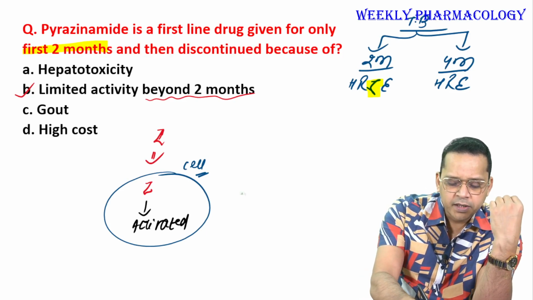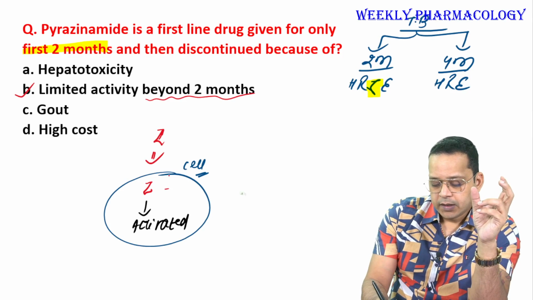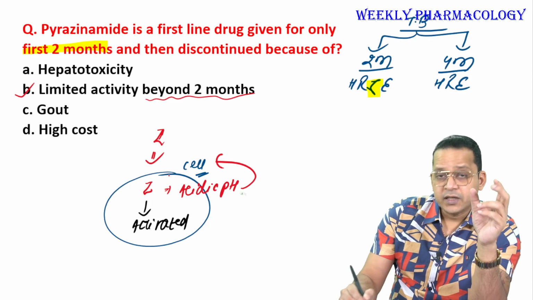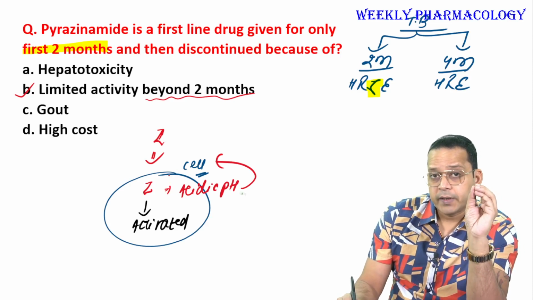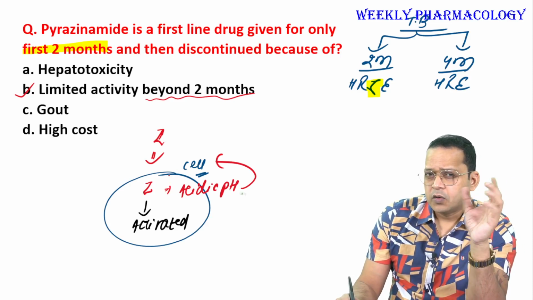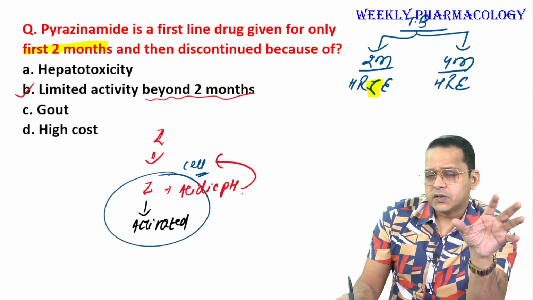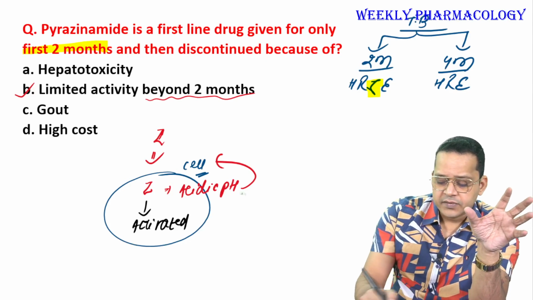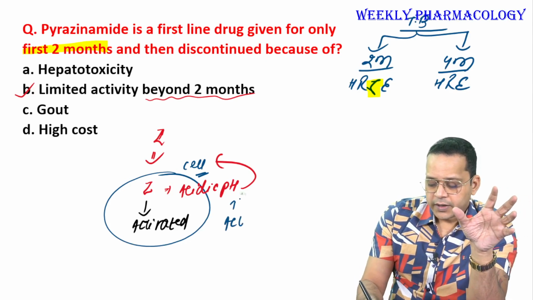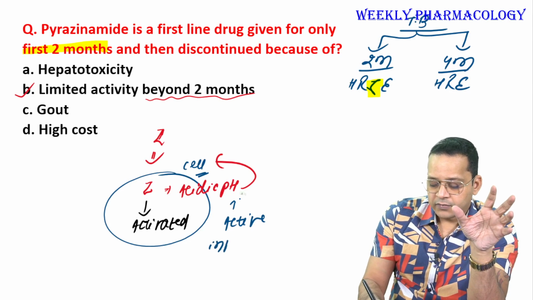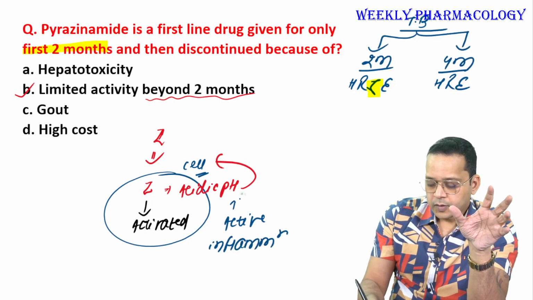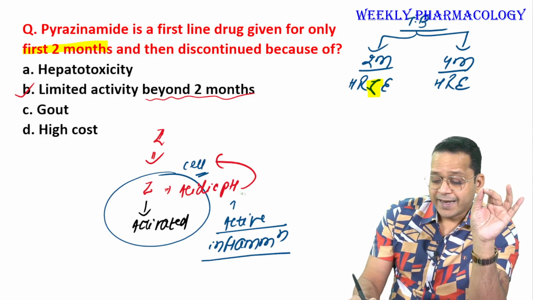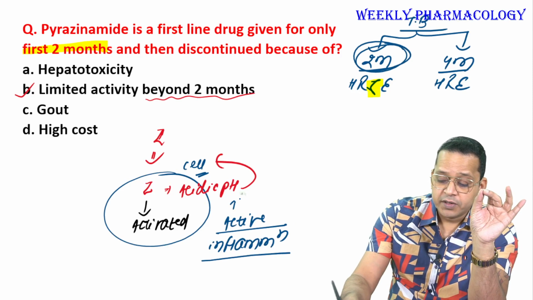And for pyrazinamide to be activated, it needs an acidic pH in your respiratory epithelial cells, right? Now, normally, do we humans have an acidic pH in the respiratory epithelial cells? No. So what gives us an acidic pH? An active inflammation gives us an acidic pH, and that active inflammation is present only during the first 2 months.